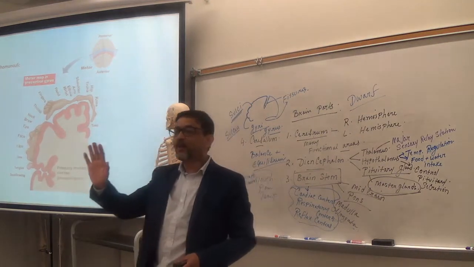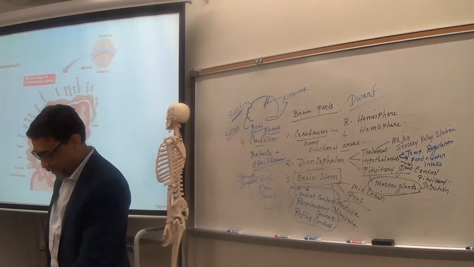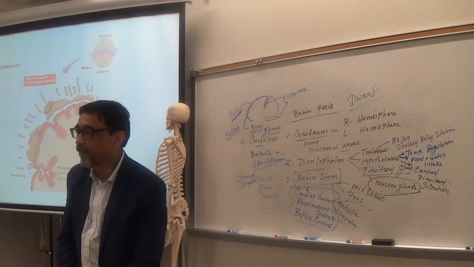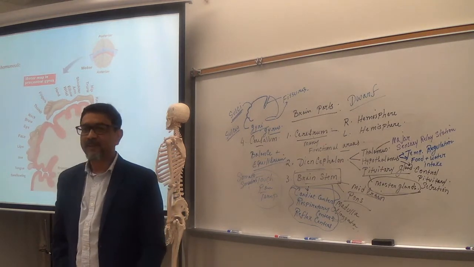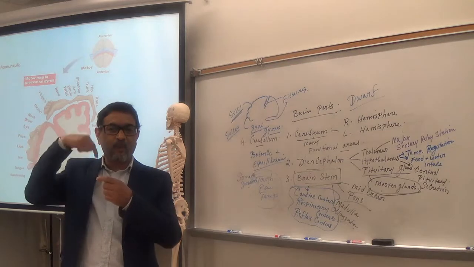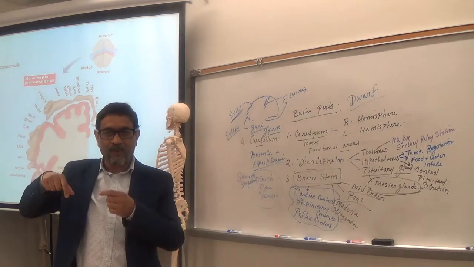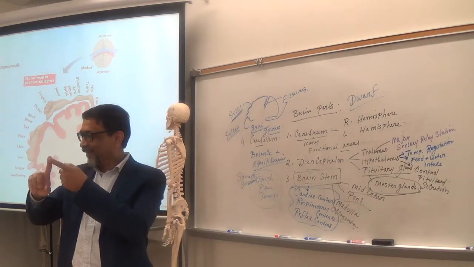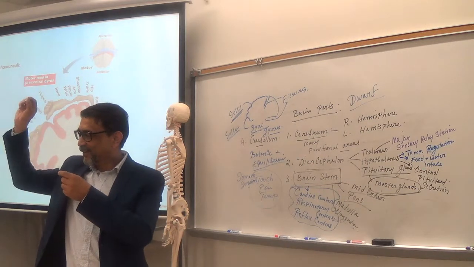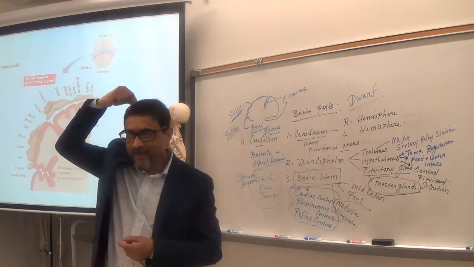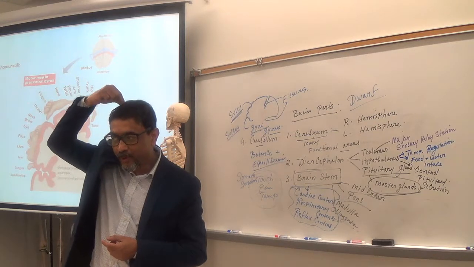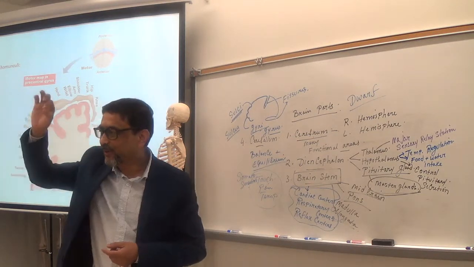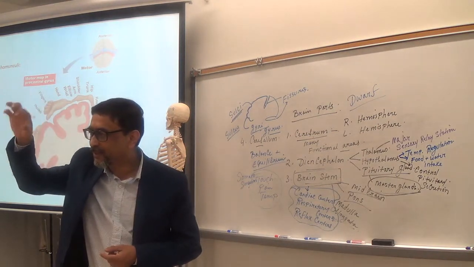Now, how can you create the motor map? Motor is output, right? You know, motor output. So touch will not work to create that map. What we'll do, we'll put the electrode in different parts of the motor cortex, okay, and stimulate a little bit, like weak electrical stimulation, right?